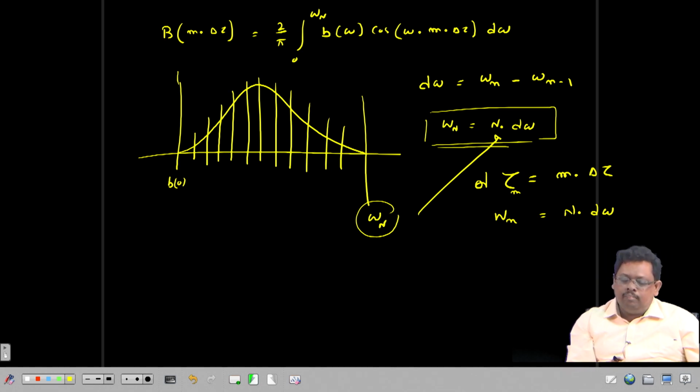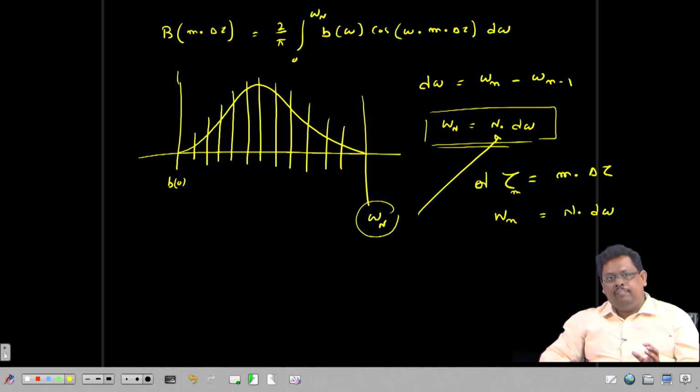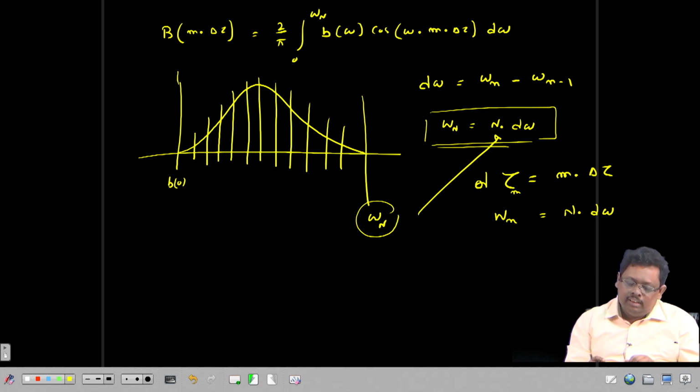Now, my next job is how I can define my b omega between two intervals. Now, here is the catch. We can do that by fitting a curve, we need to fit a curve definitely, because these are the values I know, right. So, then we need to understand how b omega varies between these two lines. Now, let us go with the most simple way. We assume that it will go here very linearly, right.